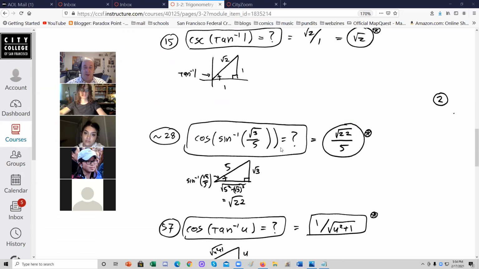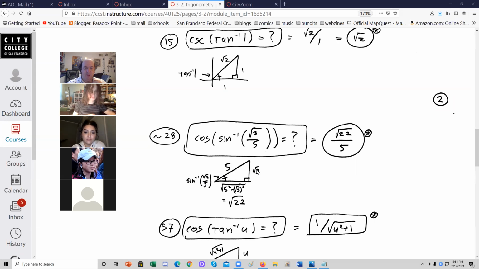Now this one gets complicated. Cosine of arcsine root 3 over 5. All right, so let's start. This is approximately 28. I didn't do 27 or 29 because they weren't sufficiently similar, so I made up some numbers. I think the book has root 2 over 7 or some such, I'm not sure. Anyhow, this angle in this right triangle is arcsine of root 3 over 5.